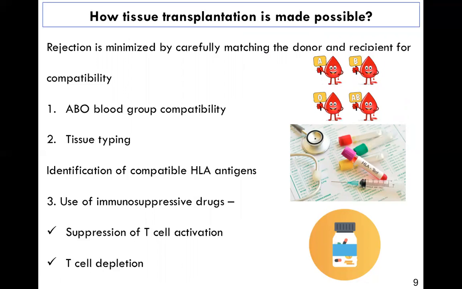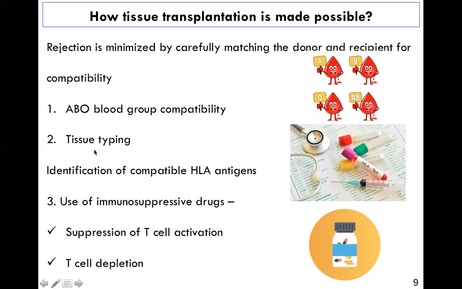Both donor and recipient blood types should be the same. If the recipient is O positive, the donor should be O positive. If the recipient is A negative, the donor should be A negative. Why is that so? This is to avoid blood agglutination. So that's the ABO blood group compatibility.